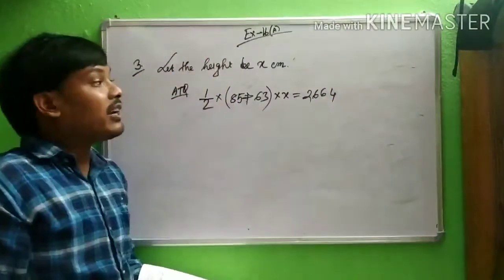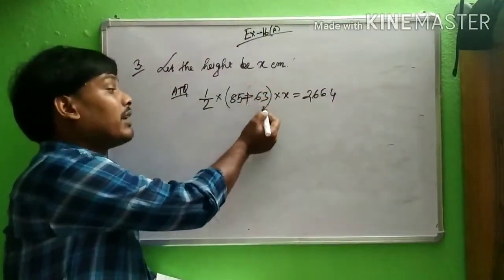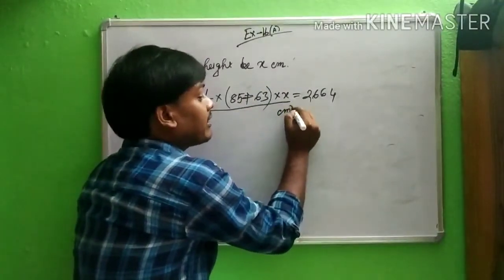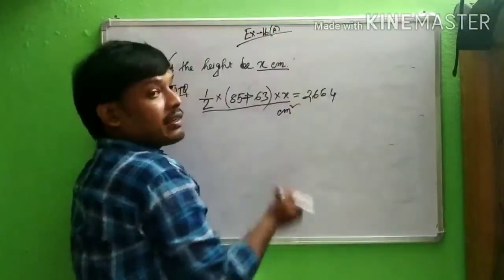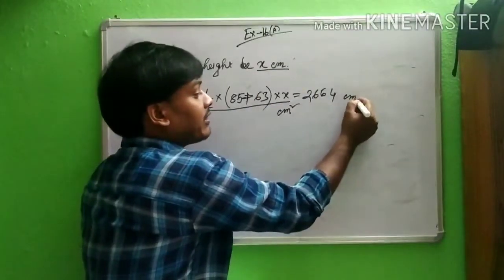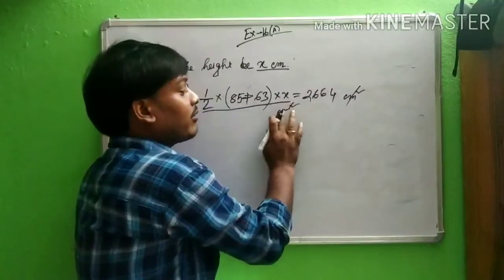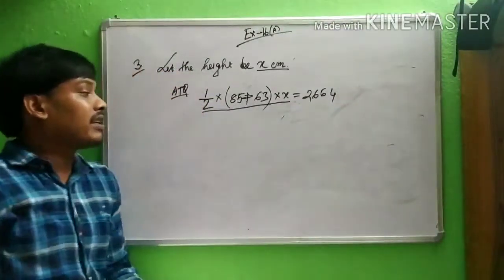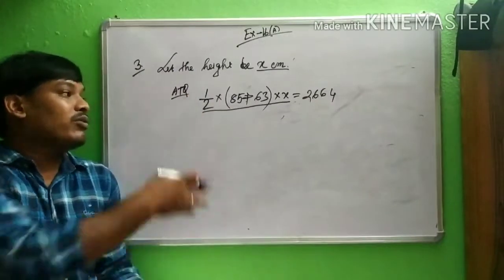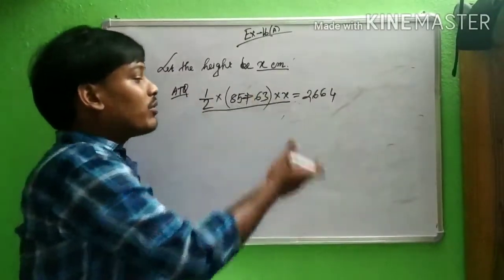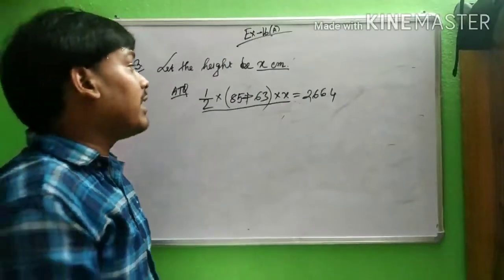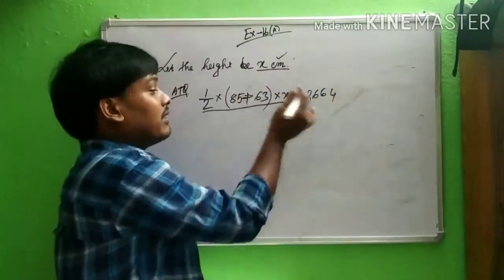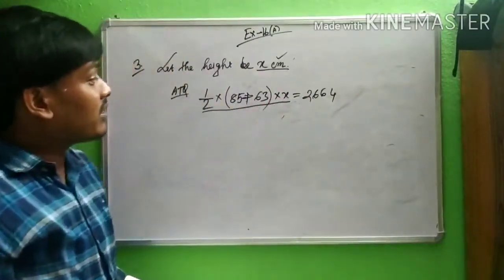No need to write the unit, because on this side the unit is centimeter square, and x centimeter, on this side also centimeter square, so centimeter square and centimeter will cut. So no need to write the unit in ATQ. When you write the answer, you must write centimeter or meter, otherwise your math is not correct.